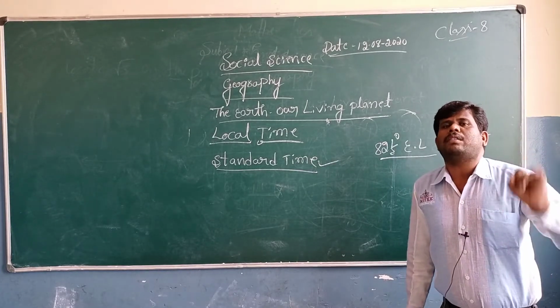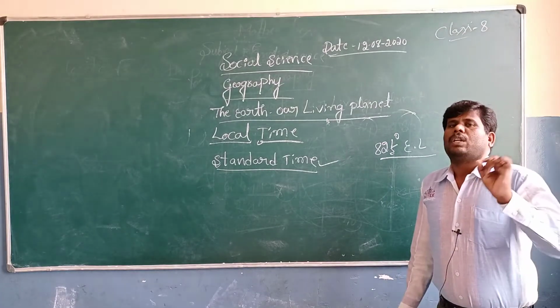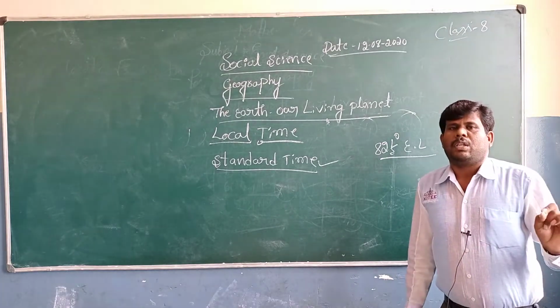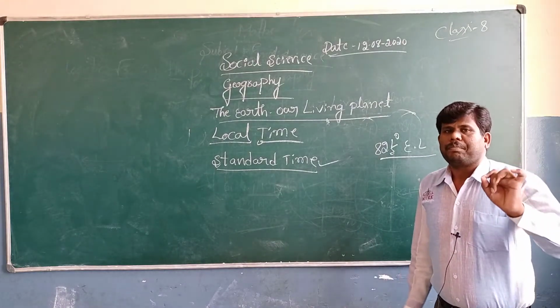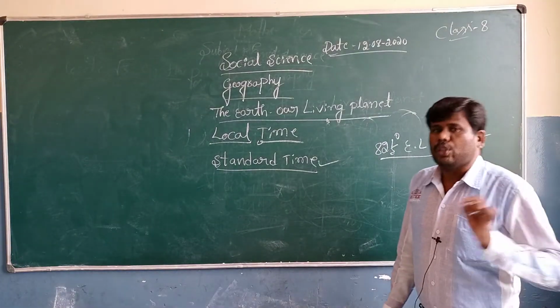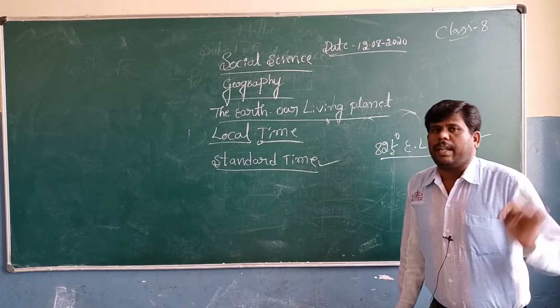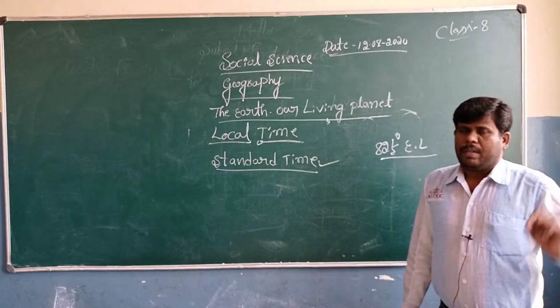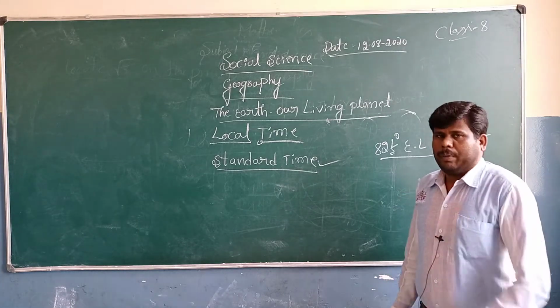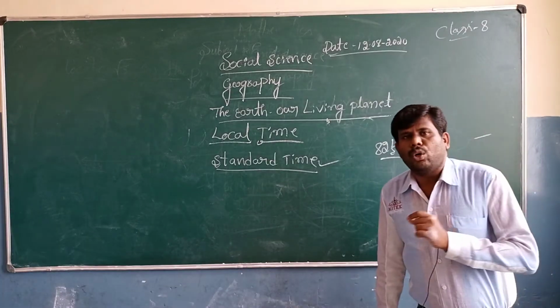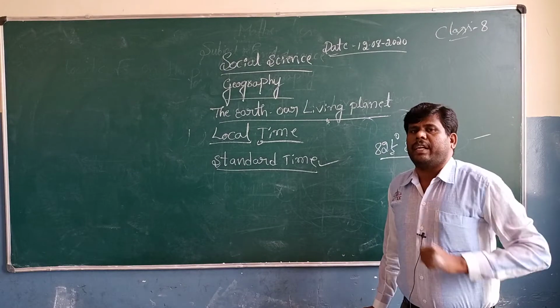This line passes over Allahabad in Uttar Pradesh. On the basis of this line, the uniform time is followed throughout India.